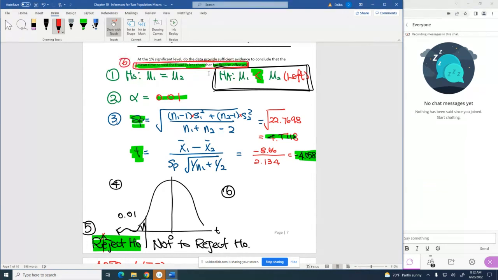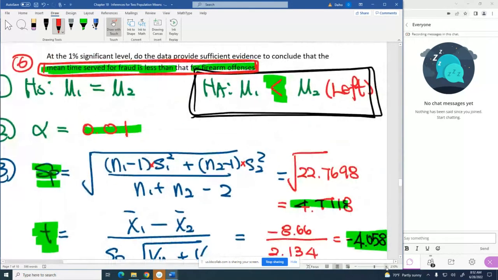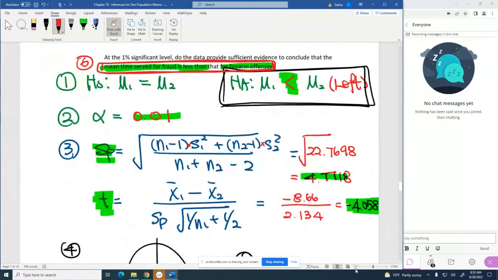Step 6: the mean time served for fraud is less than that for firearm offenses. We interpret the alternative hypothesis because we rejected the null hypothesis, because the test statistic was in the left tail.